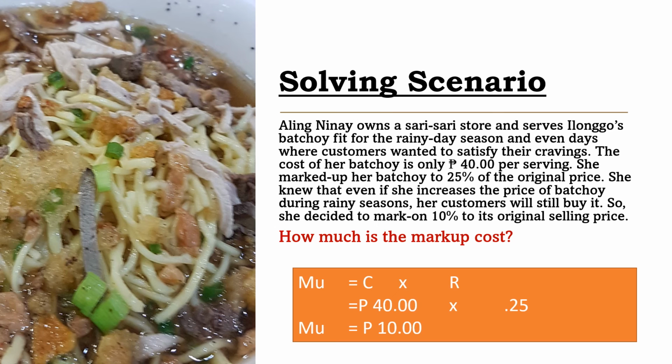To get the markup cost, we just simply multiply the cost of the product to the markup rate. So we have here a formula. Markup is equal to cost times rate. So 40 pesos times 25%. So markup is 10 pesos.